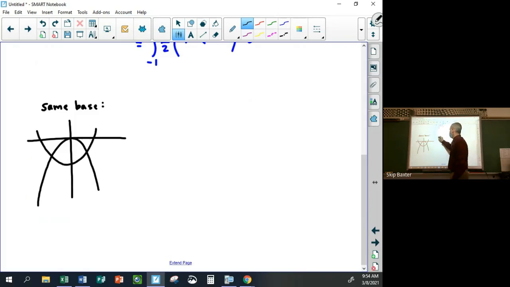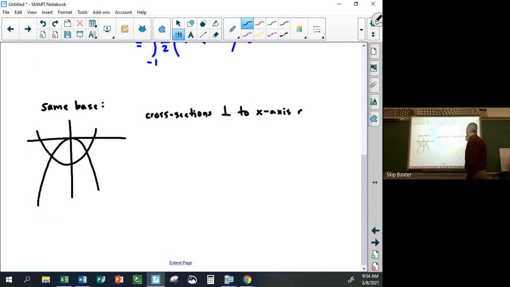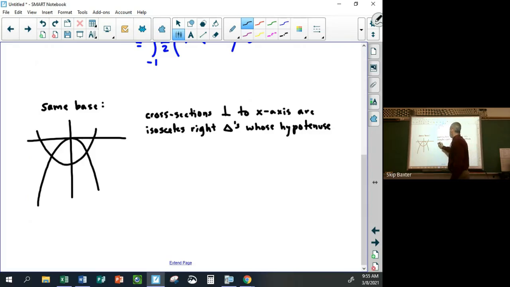And this time, suppose cross sections perpendicular to the x-axis are isosceles right triangles whose hypotenuses are in the xy plane.